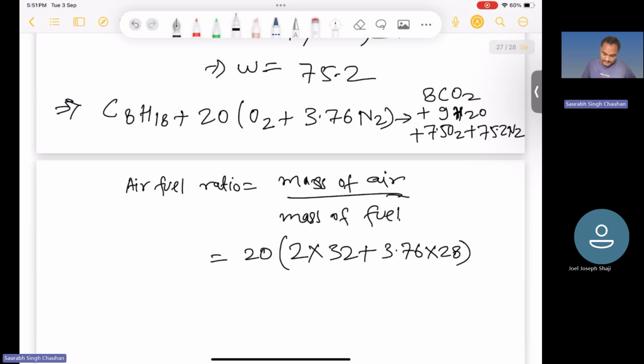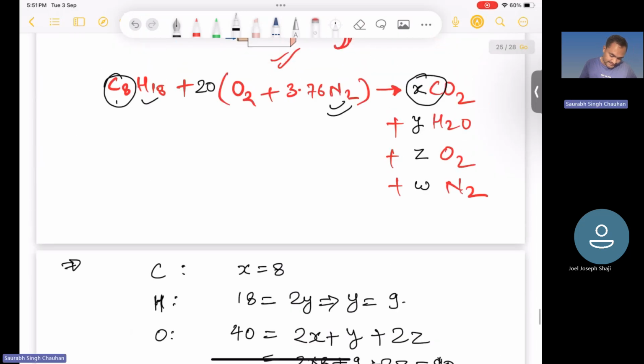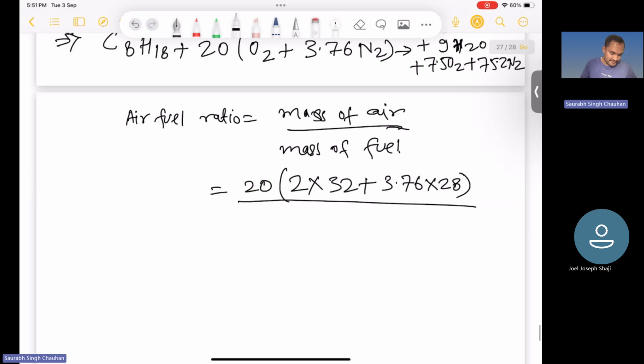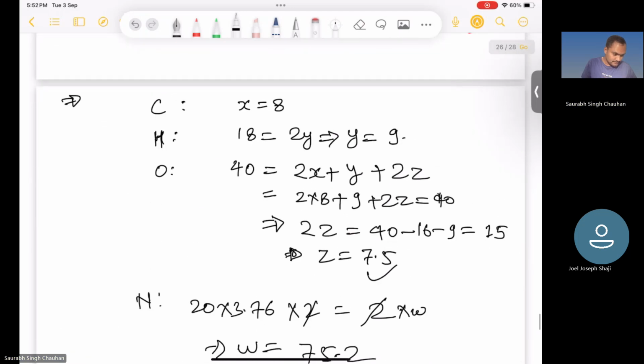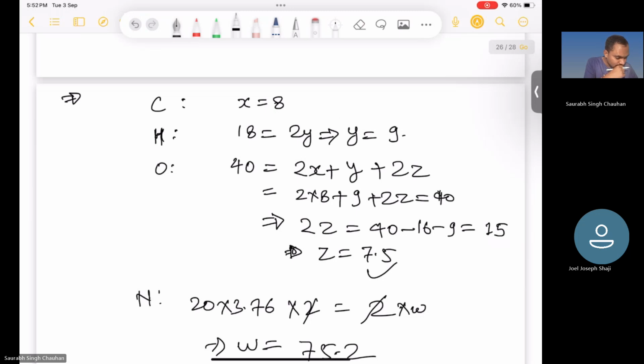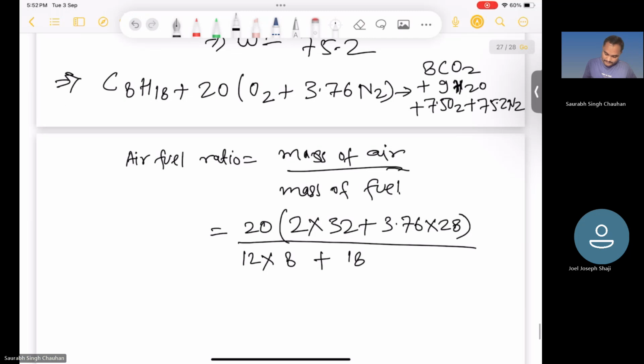So this is air, and the mass of fuel we need to find. The fuel is C8H18. So for carbon it is 12 and 8 plus 18, right? So we need to calculate this value.